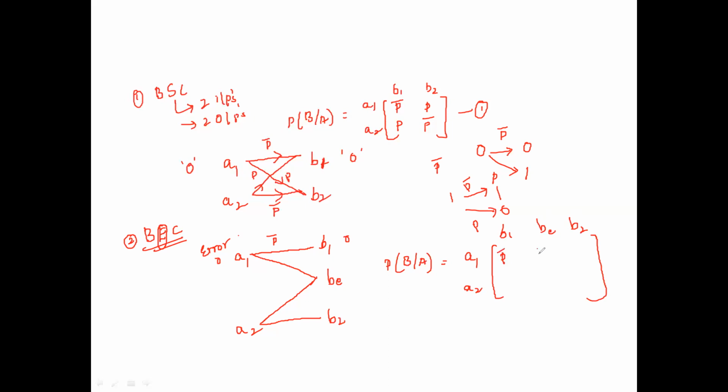If any error symbol is received, it is represented as P. That means if I transmit 0 and receive 1, it indicates an error, and P is the probability. A1 to B2 is not possible, so it is 0. If I transmit A2 but receive B1, that is P. If I transmit A2 and receive B2, then it is P bar. This is how I am representing the channels.